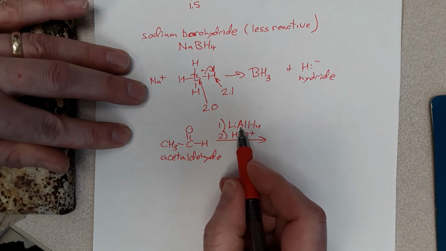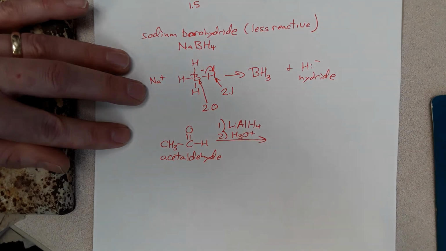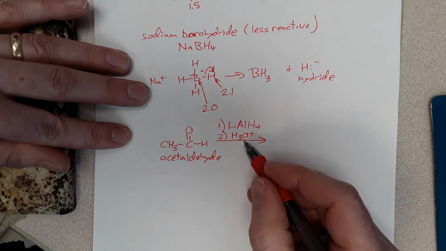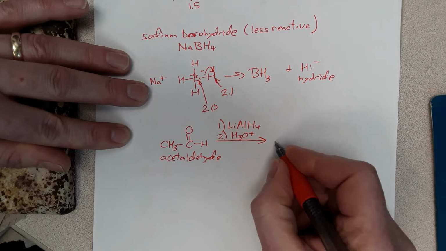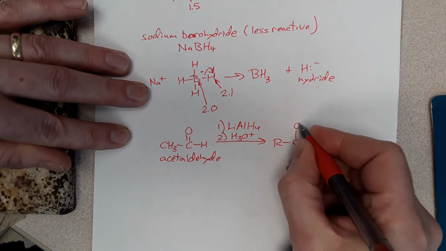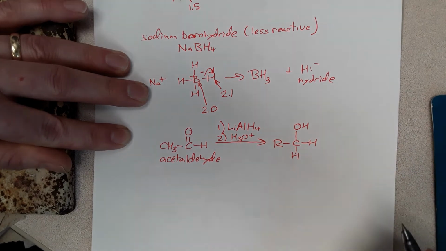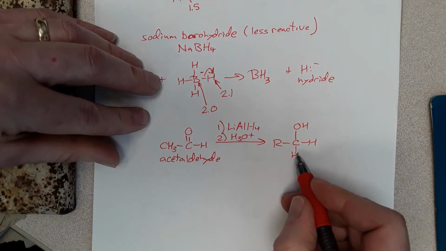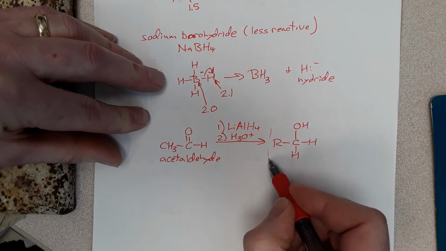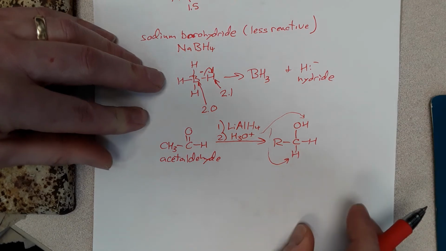We've looked at the basic mechanism, adding H minus and H plus, and these are the reagents that provide the H minus, the hydride, and the H plus. The net result is that we have broken the pi bond and made an alcohol. We had this original hydrogen, and we have added the other hydrogen here. Lithium aluminum hydride is producing this hydrogen, and H3O is producing this hydrogen.